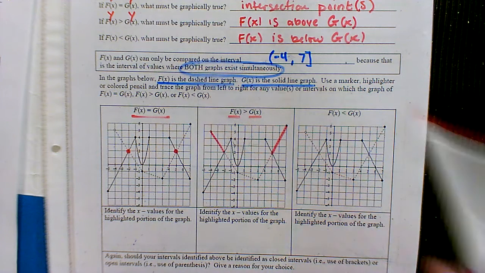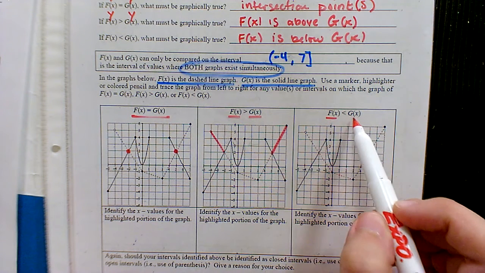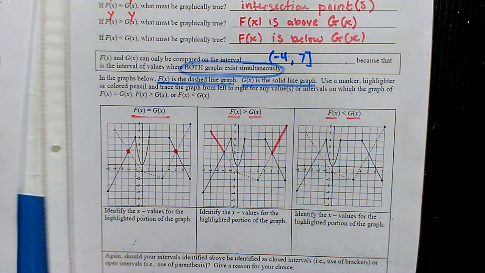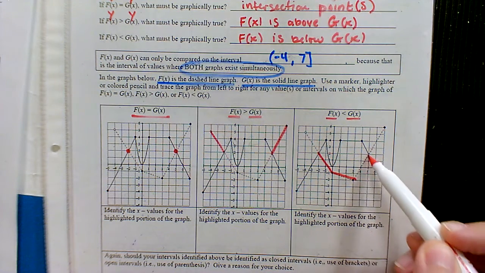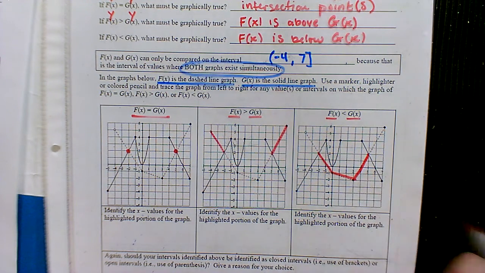And then for the last graph, we want to see when is the F graph below the G graph, meaning the dashed line is below the solid line. Can we find those sections?